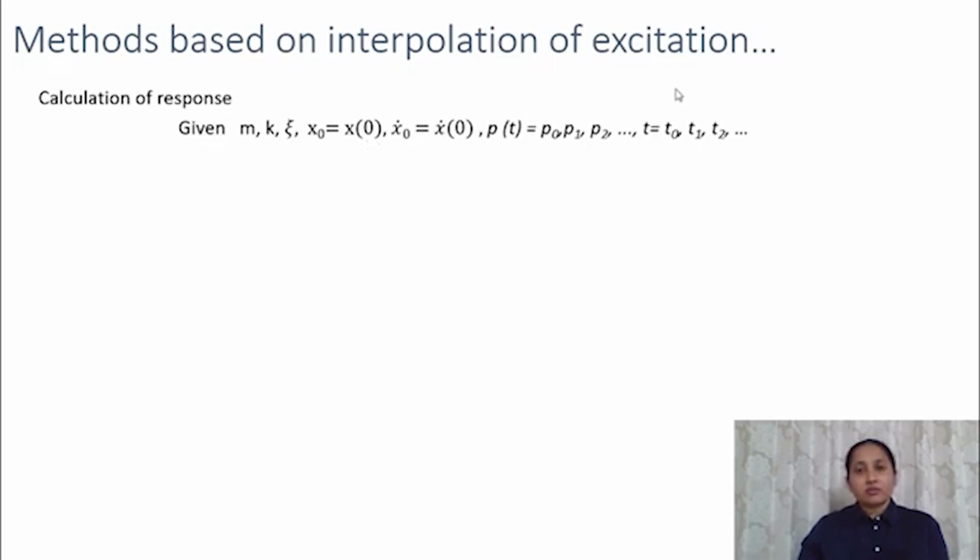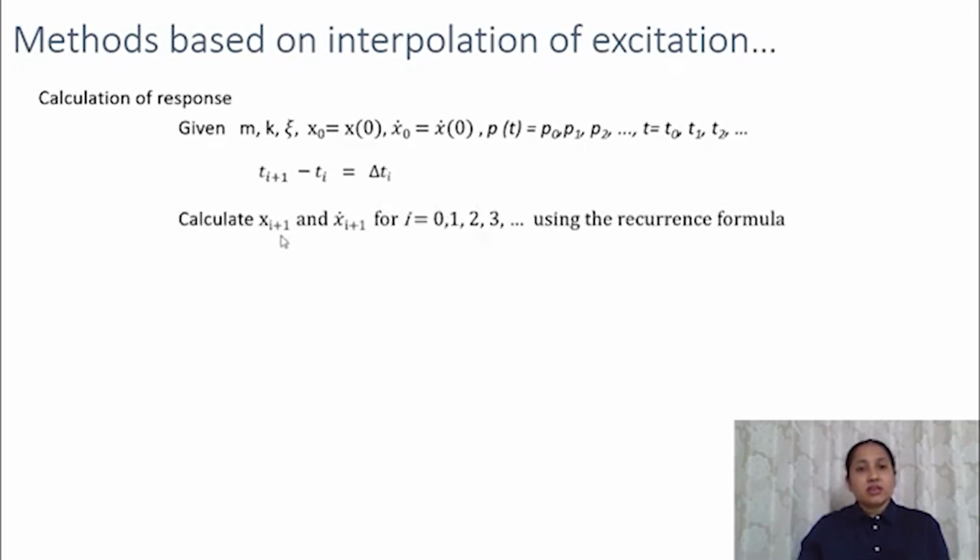And we will also know the forcing function, that is the force series, the value of the force at different time instants t0, t1, t2, etc. So all these will be known to us, and we need to find out the responses at the I+1 time instant. So we can calculate the time step, that is delta ti, as the difference between time I+1 minus ti.